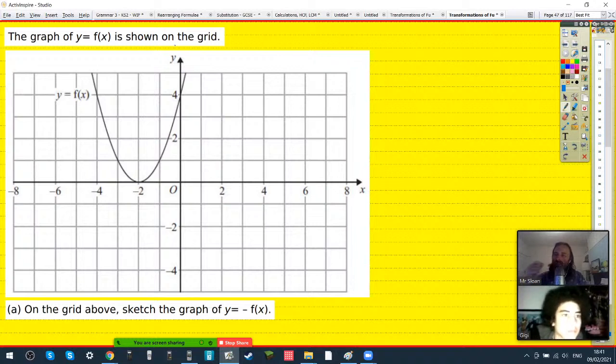All right, how about this? It'll be reflected on the x-axis. So let's take main points. The one at the bottom would stay the same.